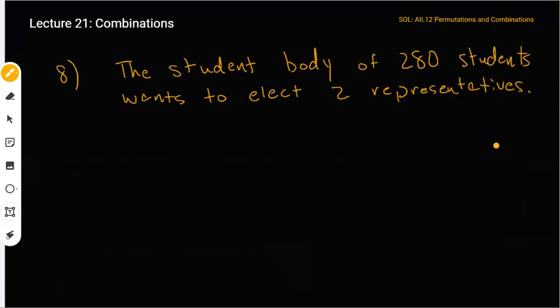So this time, my total number of objects is going to be 280. And then how many am I choosing from that 280? It's going to be 2.